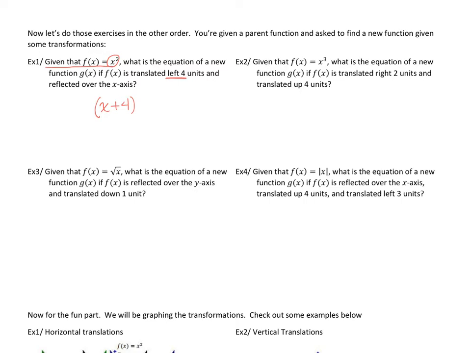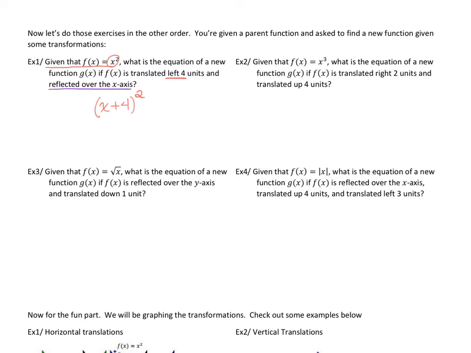And so since we have a quadratic parent function, you want to make sure that that entire set of parentheses gets squared. And something similar is going to happen over here when you get in the cubic territory. Hopefully I'm not giving too much away for that. But also, we have this information. This is reflected over the x-axis.